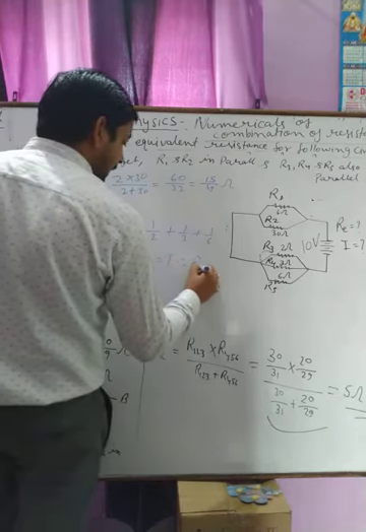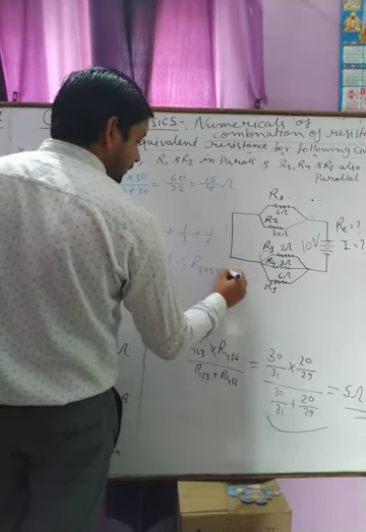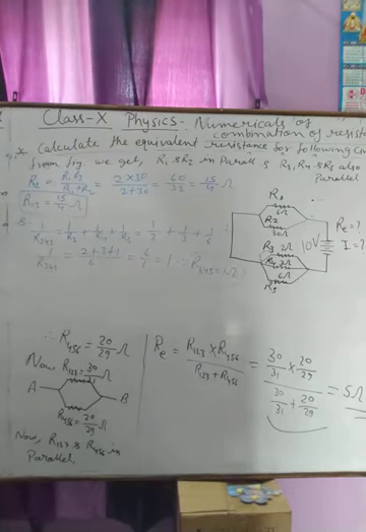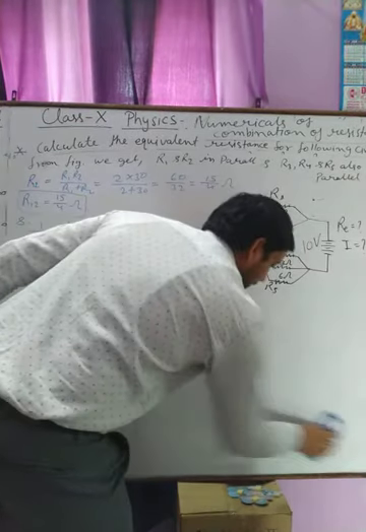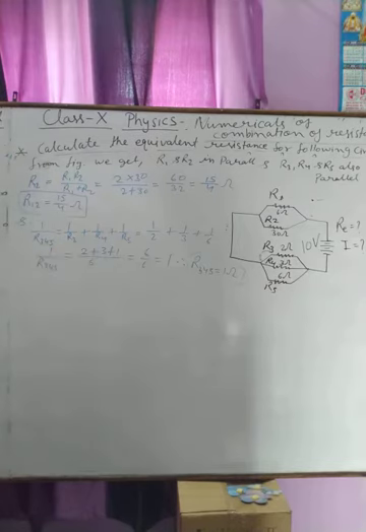Therefore R345 is equal to 1 ohm. Okay, just copy till this point, and I am forming you the simplest circuit after solving these two boxes.